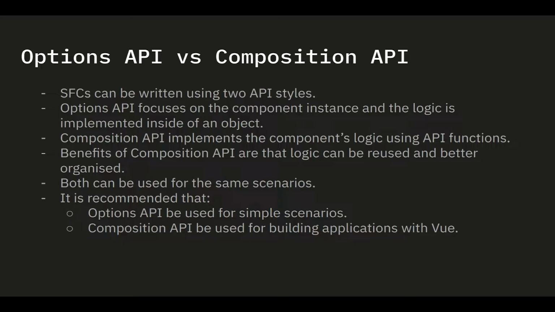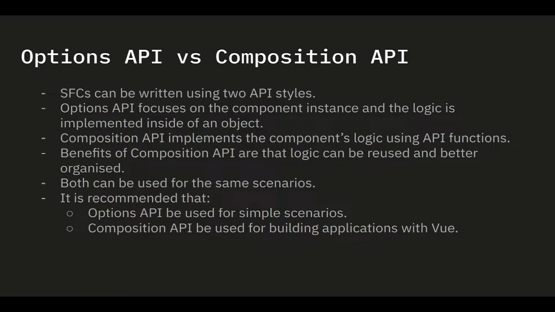Some of the benefits of the composition API in comparison to the options API are that the logic can be reused and is better organized. For example, if you've got logic that you want to share across all your components, you can grab all that logic, put it into a single JavaScript file, and then import that into your components.